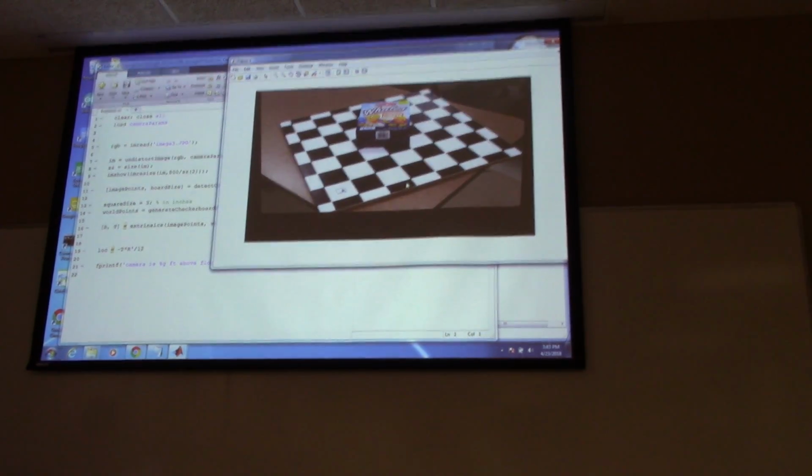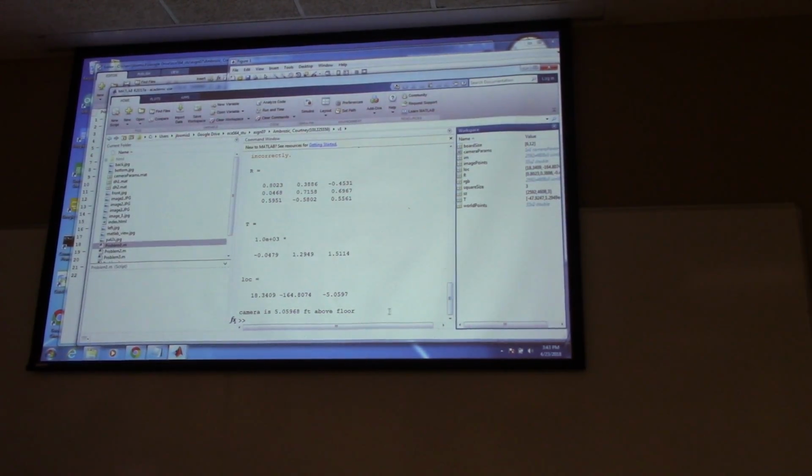Okay, if we look at this, we get... camera being, let's see, I'm looking at the old version. Let me look at the new version.